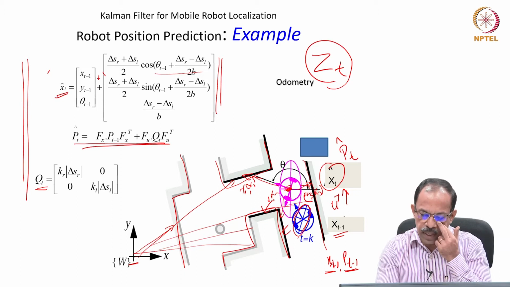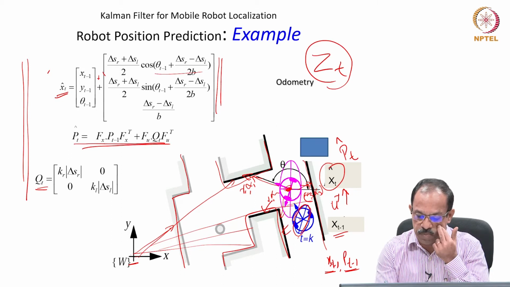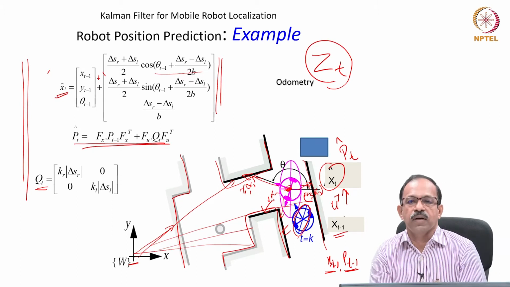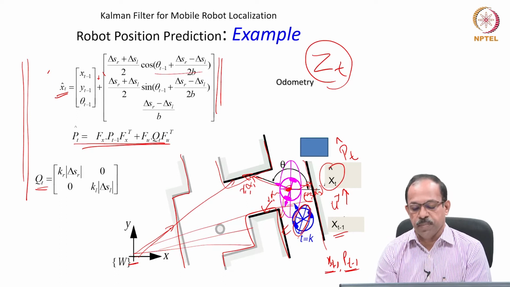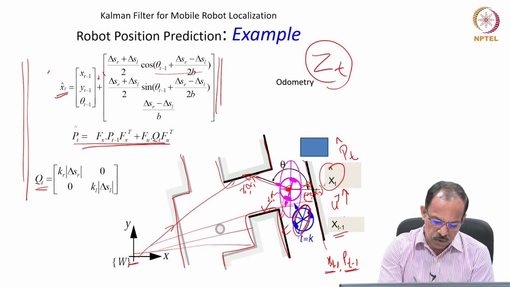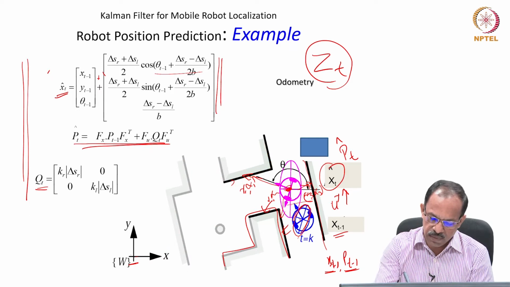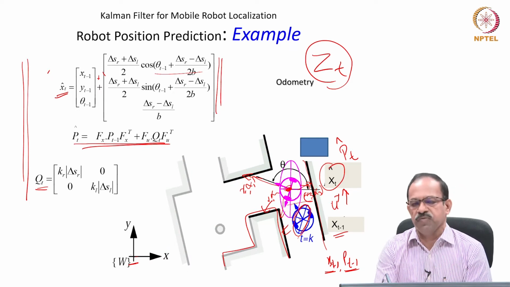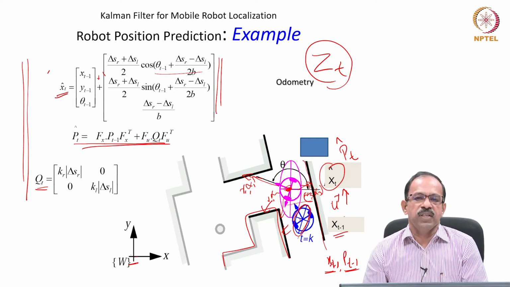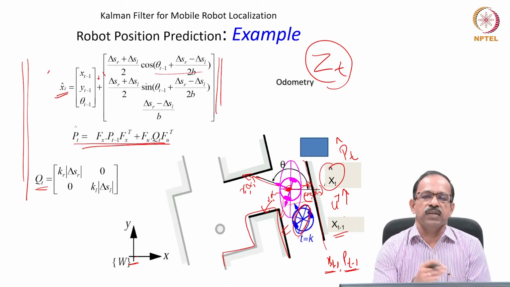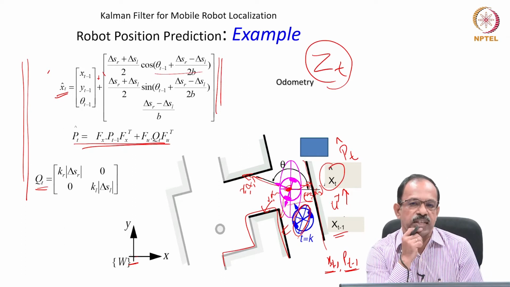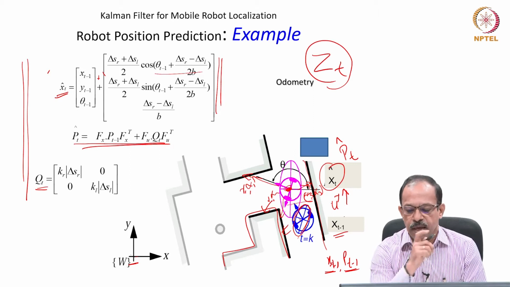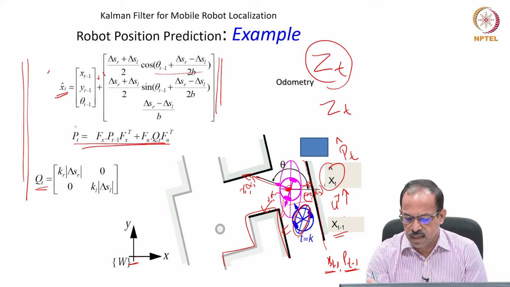But you cannot really compare this one and this one, because all these measurements are with respect to the robot frame. So, what the robot will do is look at the position where the robot is currently and see from that position what are the images it is supposed to see, what are the objects it is supposed to see, and that is basically the ZT hat.